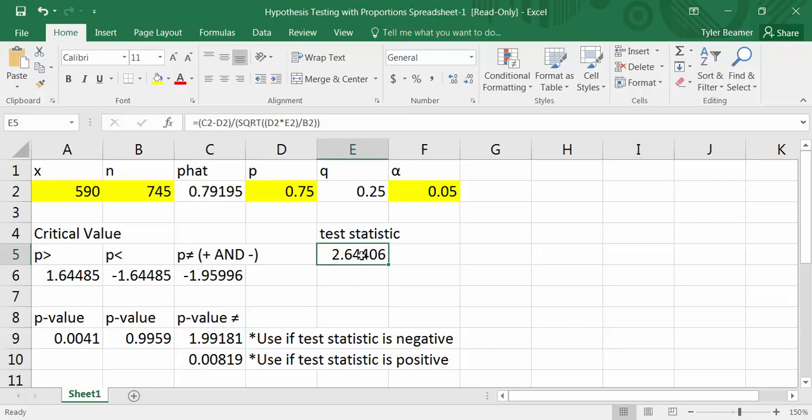So in this case our test statistic is positive, so I'm using this p-value because we're doing a not equals to test. So then if we round that to 4 decimal places, 0.0082.